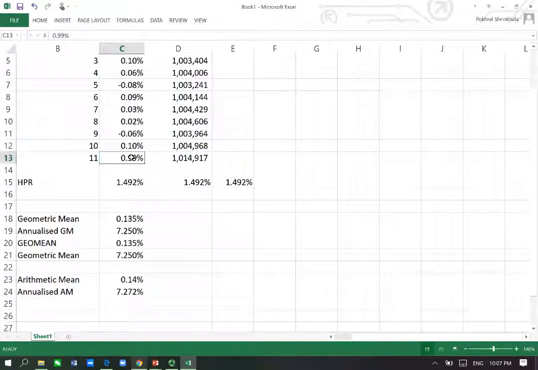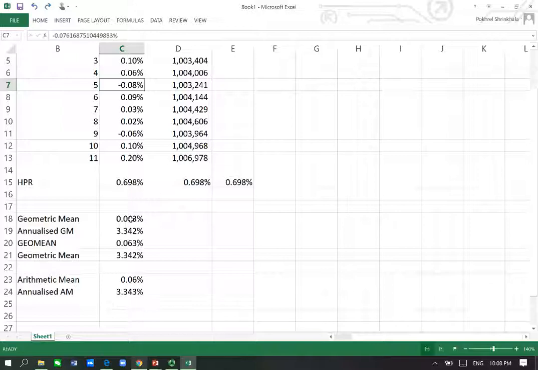So when we have these types of returns, and also returns which are correlated with other returns such as the benchmark return, it's always good to apply geometric mean, and that is also the reason why geometric mean is more popular within investment and finance.